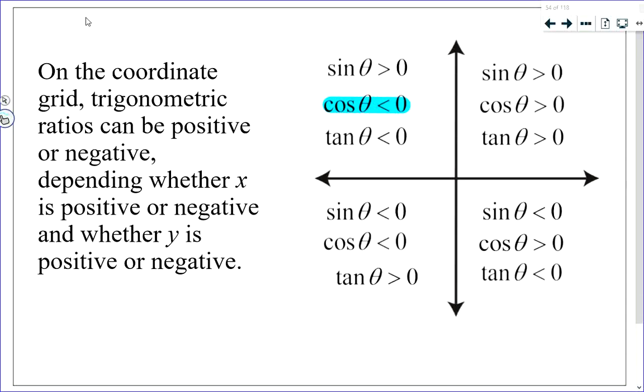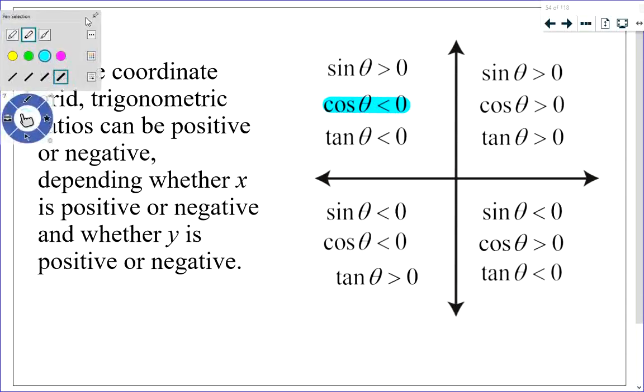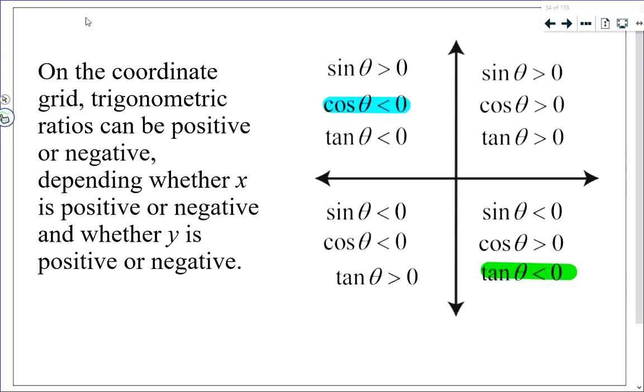If I say to you, what is tangent of theta in quadrant 4? I would say to myself, well, I know tangent of theta is y over x, and in quadrant 4, x is positive and y is negative, so I would have negative over positive, which is negative.